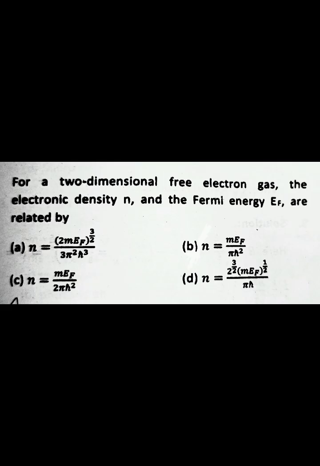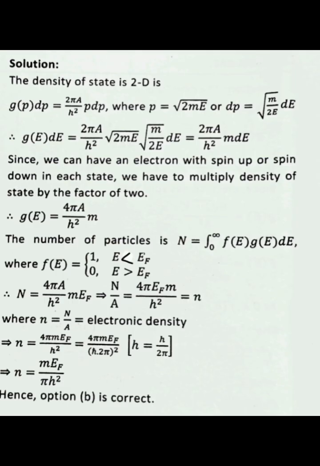Next question is, for a two-dimensional free electron gas, the electronic density n and the Fermi energy EF are related by. So here the density of states in 2D is G of P dP is equal to 2 pi A by h square P dP, and P is equal to square root over 2mE and dP is equal to square root over m by 2E dE.